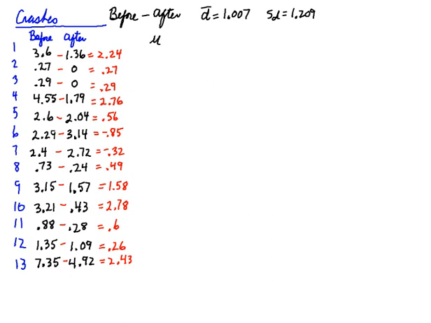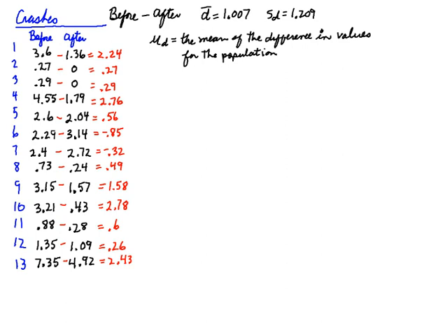I'm going to define mu sub d as the mean of the difference in values for the population of intersections.